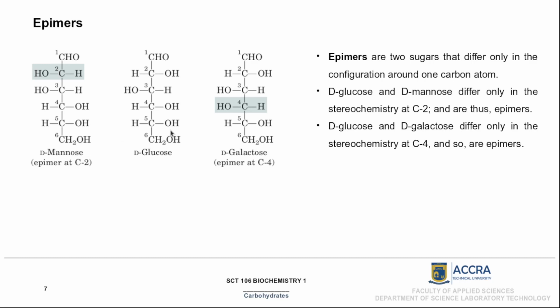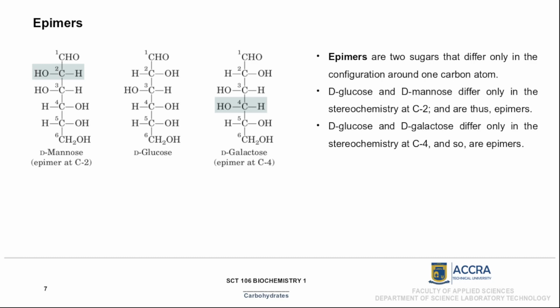It's the same with glucose and galactose compared. You find that the difference between the glucose and galactose structures is that the hydroxyl group on carbon 4 of glucose is pointing to the right, whilst the hydroxyl group for galactose is pointing to the left, and thus glucose and galactose are epimers. One monosaccharide can have more than one epimer, but you can only talk about epimers when comparing two monosaccharides.